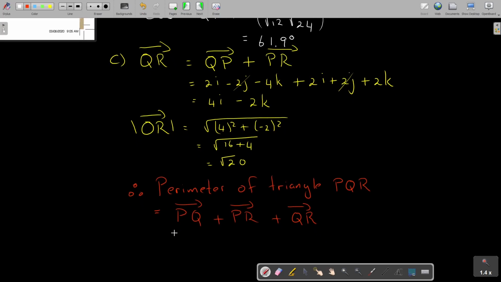That is going to be the square root of 24 plus the square root of 12 plus the square root of 20. And if you press all that on your calculator, you're going to get 12.8 units. That's how you're going to do it.